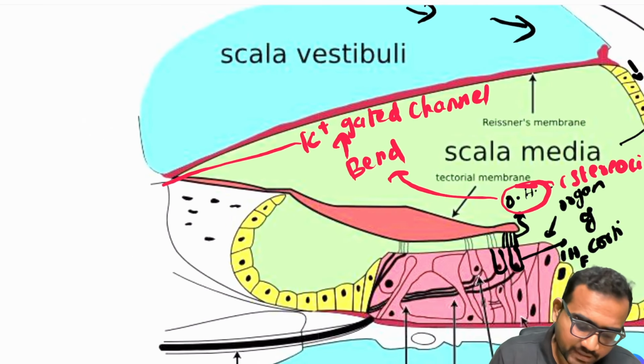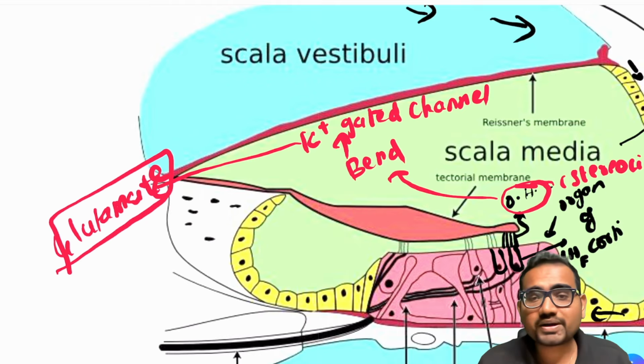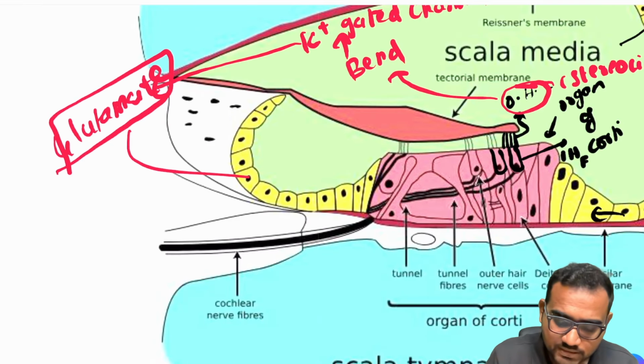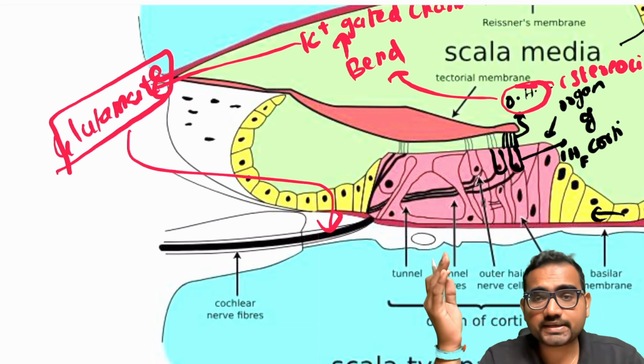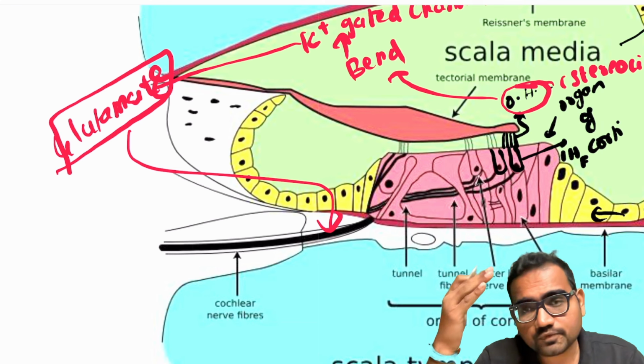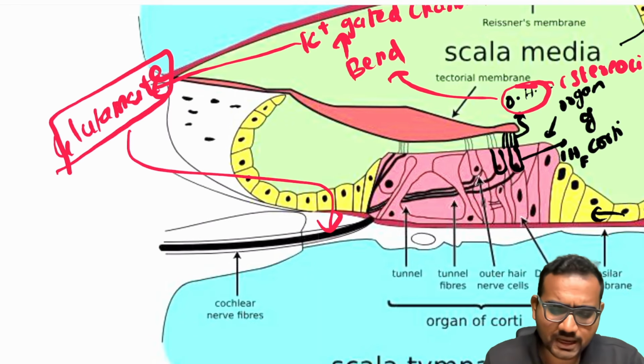The glutamate stimulates an action potential, which is carried by the cochlear nerve to the CNS, where the fluid waves and vibrations are converted into a sound. This is what normally happens.